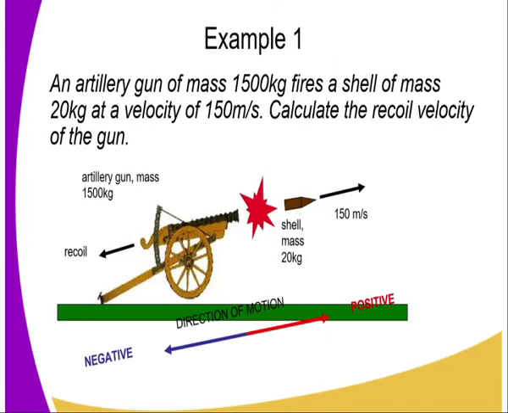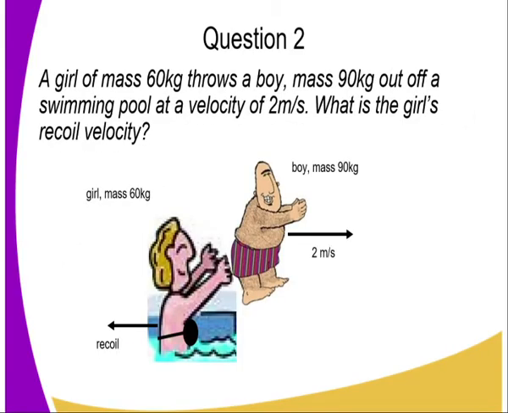So let's look at another application where we may be required to use Newton's third law of motion to solve a problem. For instance, we have a girl of mass 60 kilogram who throws a boy, whose mass is 90 kilogram, out of a swimming pool at a velocity of 2 meters per second.